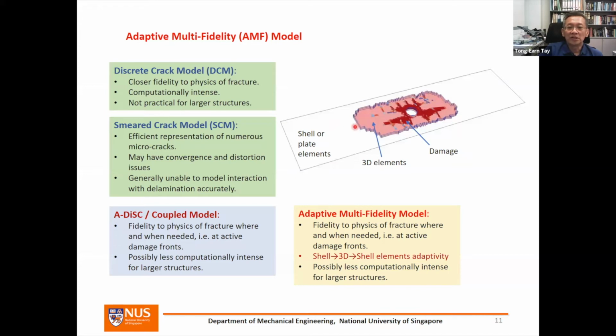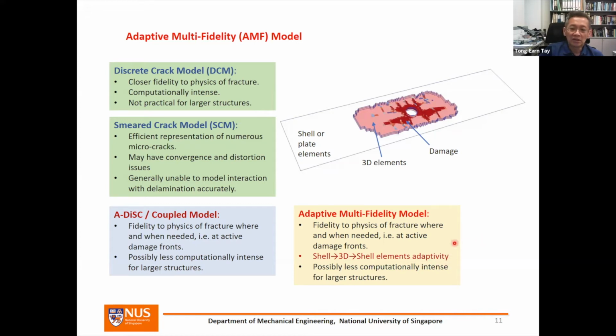Where it is inactive, we can convert it to shell or plate elements. So the plate or shell elements may be where you start, where there's no damage, or when the damage starts to become inactive, no longer active, then you can convert some of these damaged 3D elements back into shell elements. So it is shell to 3D and then back to shell.